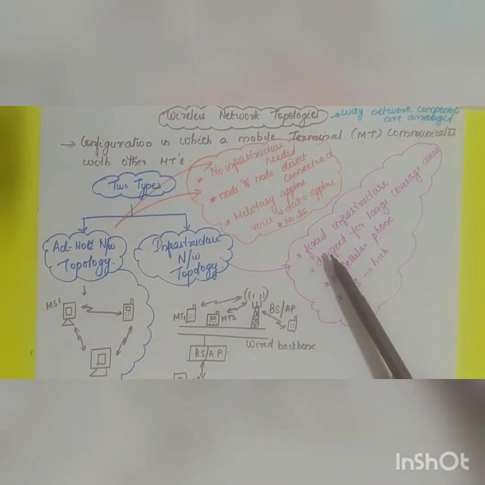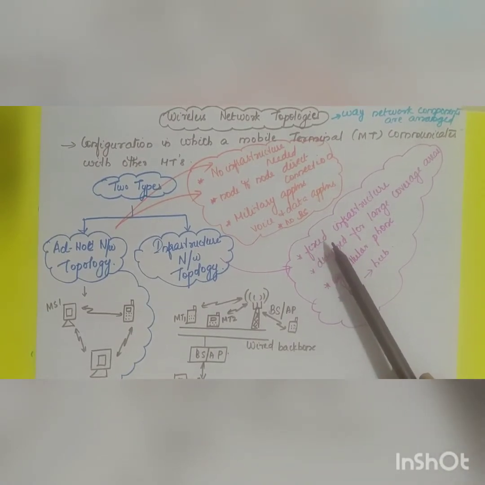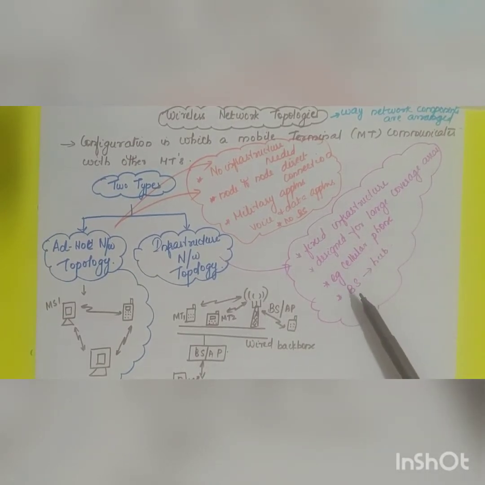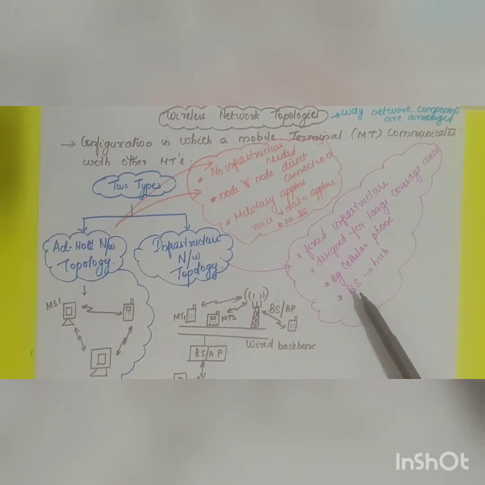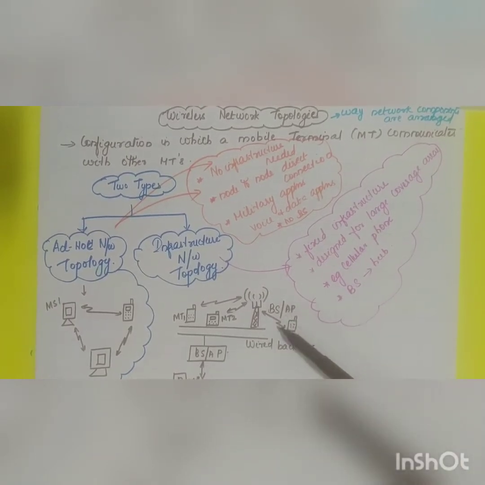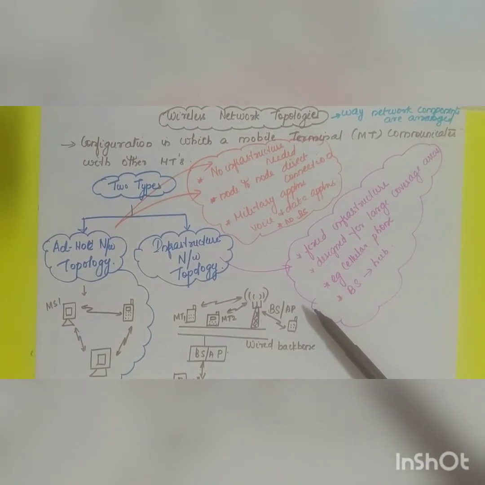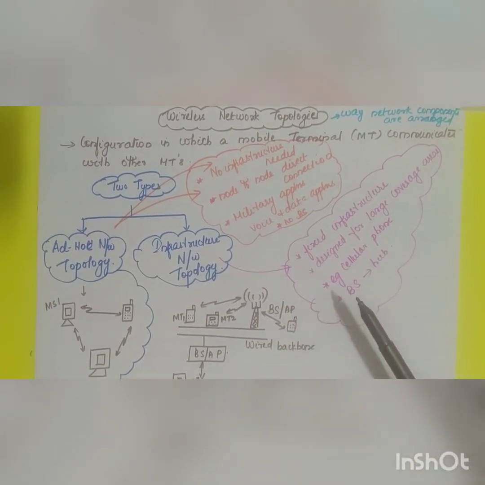What are the important features? One is that you want a fixed infrastructure. It is designed for large coverage areas. An example is your cellular phone, and there is always a need of a base station or a hub, an access point or a router. The communication will be via the router.